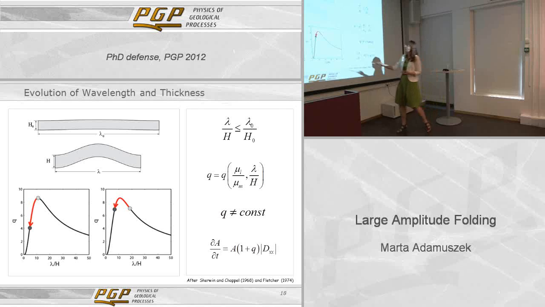So when we look at the initially dominant wavelength, because wavelength to thickness ratio changes with time, in this case the growth rate would decrease. Whereas for the wavelengths that are larger than the dominant, the growth rate would increase, and they will experience the maximum growth rate.